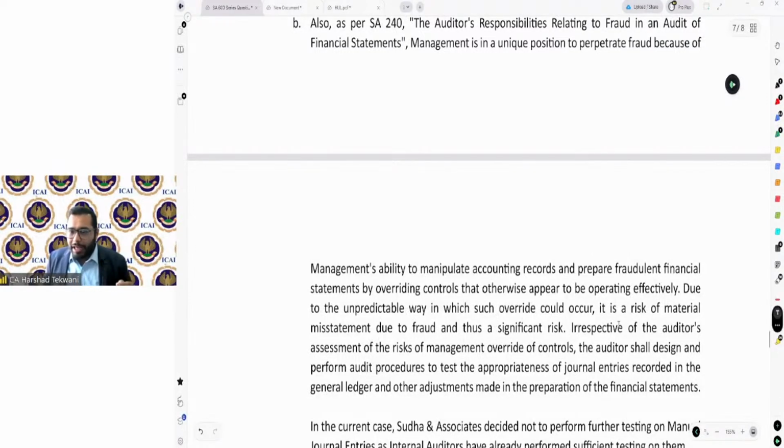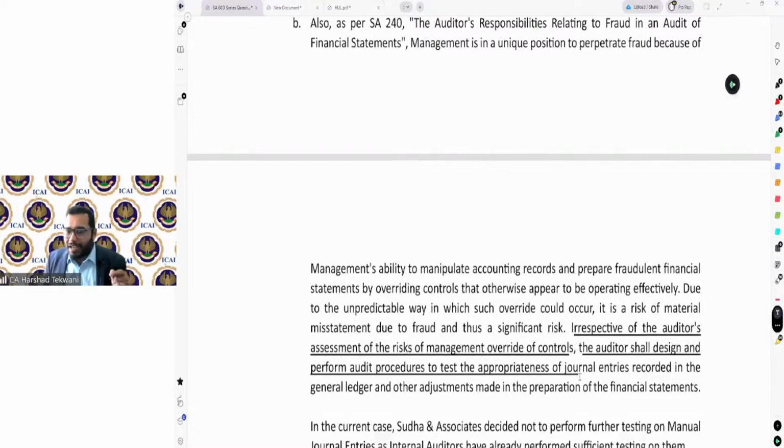And SA 240 requires that irrespective of the auditor's risk assessment of management override of control, the auditor shall design and perform audit procedures to test the appropriateness of the journal entries recorded in the general ledger and other adjustments made in the preparation of financial statements.